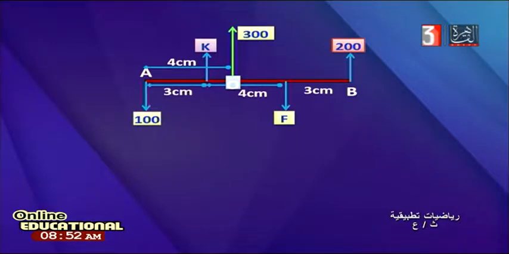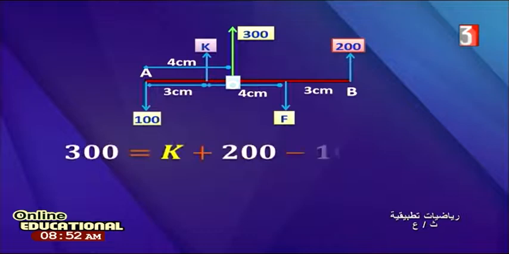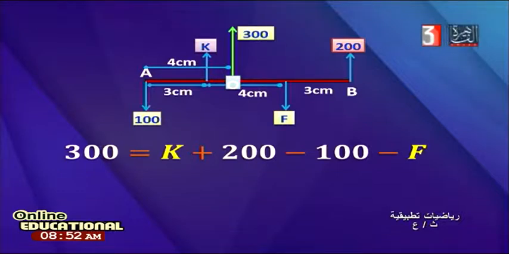Forces up equal forces down, and find the moment at any point. Look at, we know that 300 equals K plus 200 minus 100 minus F. Why? Because R is 300.